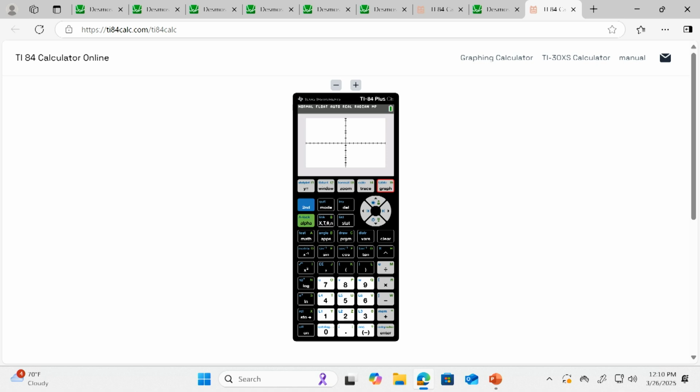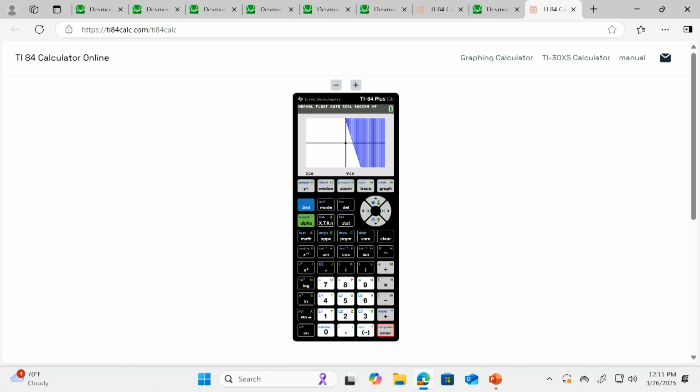Now, we're waiting and waiting, and Ms. Killen, I do not see anything on my graph for this inequality that I put in. So what we're going to do is zoom. Everybody look at your top row, and the middle button says zoom. I want to zoom out and see if that will work. There it is. The more I zoom out, the more portion of that inequality is shown.